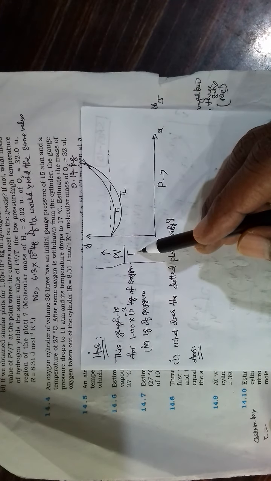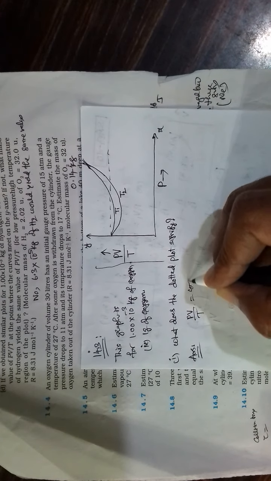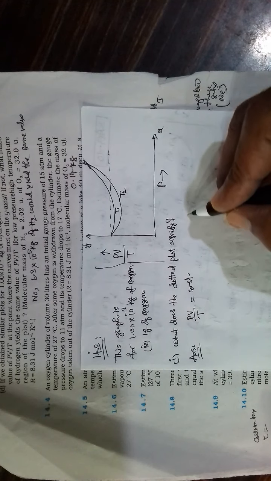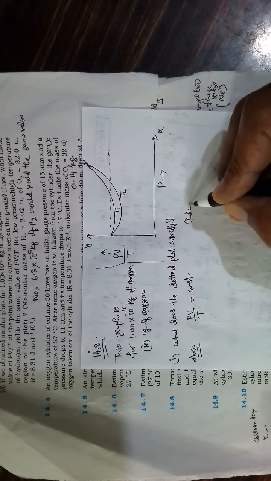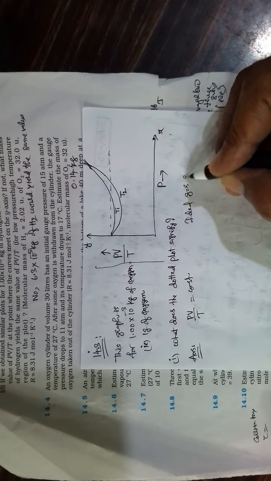What does the dotted plot signify? In this graph, the dotted plot is horizontal. It means what? PV by T is constant. What is the ideal gas equation?